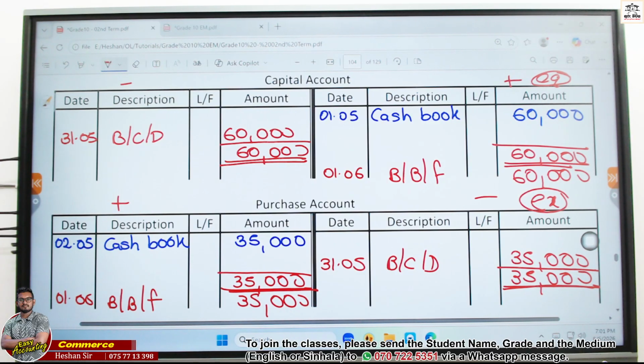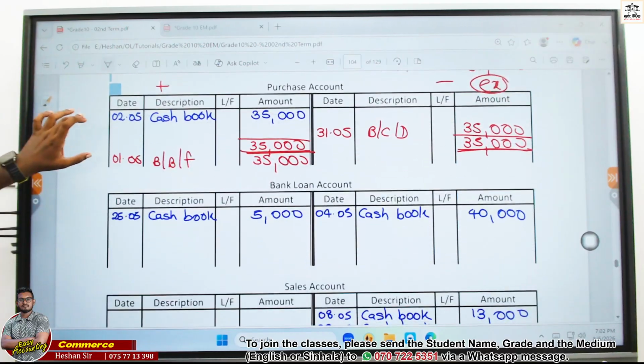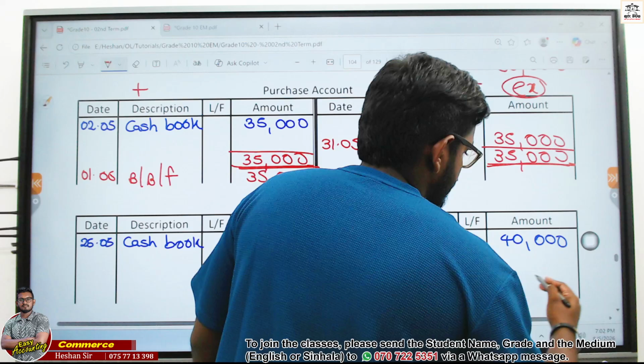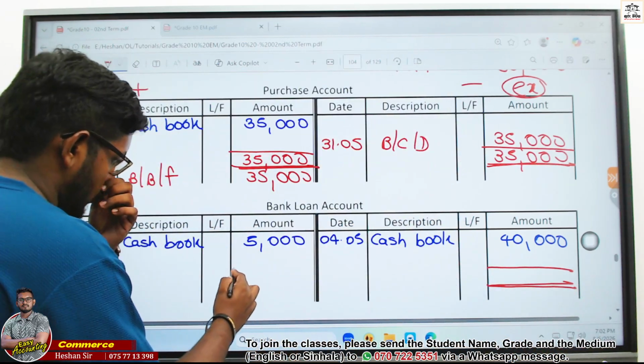Right? All good? Okay. Next one. Balance the bank loan account. You can see in here 40,000, right?